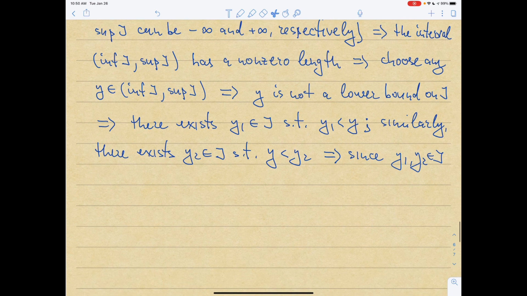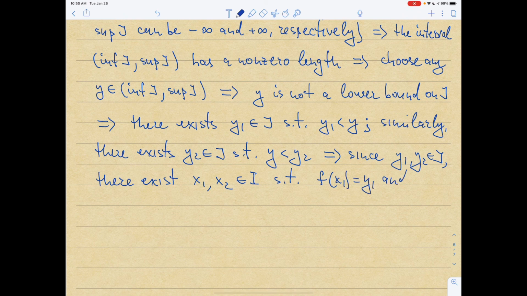So since both of them belong to J, we can conclude that there exist x1 and x2 in I such that f of x1 is y1 and f of x2 is equal to y2.